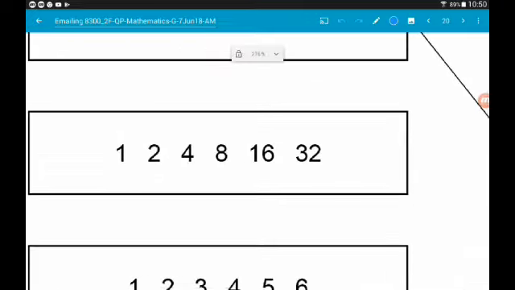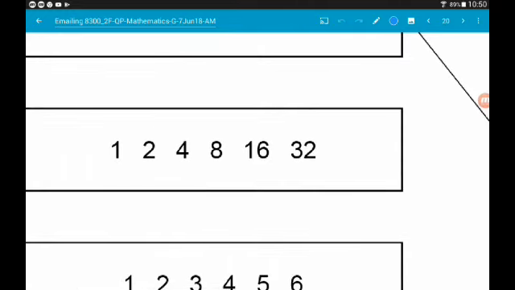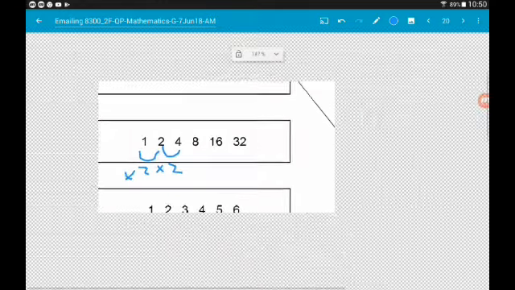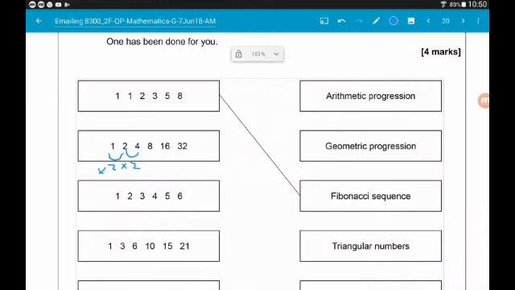With this second one, 1, 2, 4, 8, 16, 32, to get from term to term, we are multiplying by 2. So this type of sequence is called a geometric sequence, or progression, same thing.